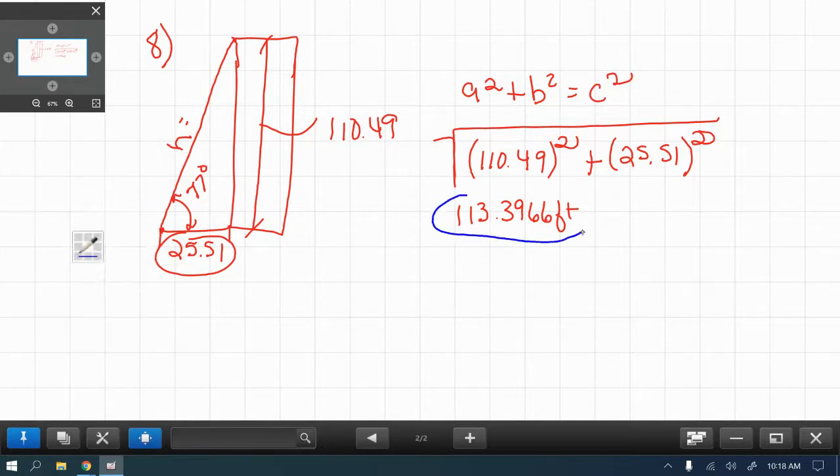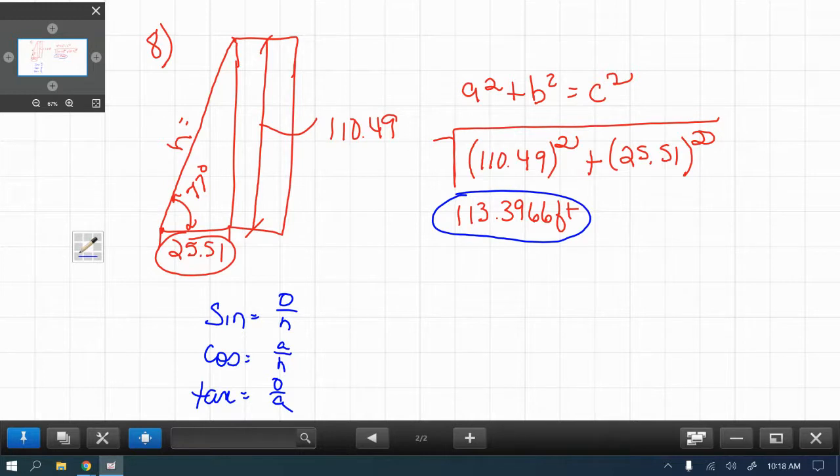Questions? Do you want me to show you how to solve it maybe by trig? Or you don't care? So I would have had to say sine, cosine, I'm writing my formulas down. Oscar had a heap of apples.